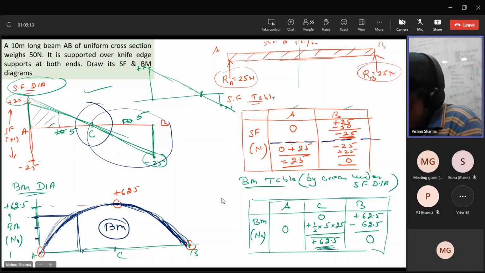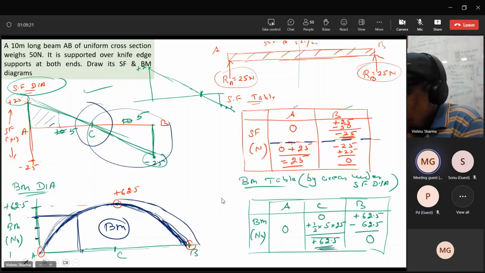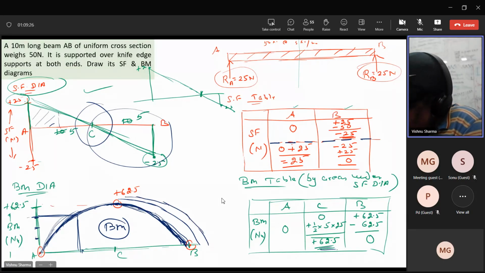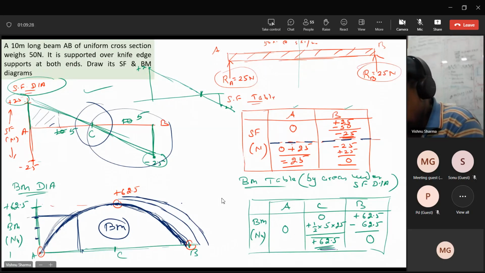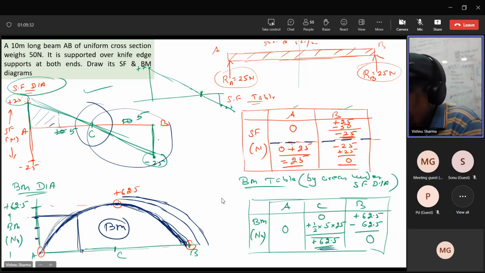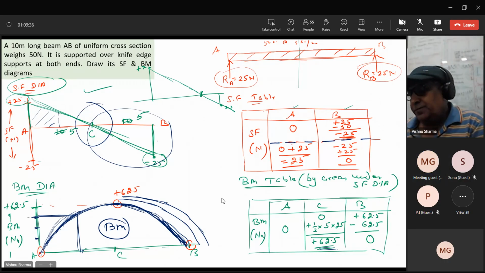Now you can correlate. If you're drawing from C, first it will be near horizontal, and then it will become steep. Yes or no? Yes, sir. Or if you're drawing from B, first it will be steep, and then it will become horizontal. Yes or no? Yes, sir. Because that depends on whether you're drawing from C to B or coming from B to C, right? Have you understood what I said, beta? Yes, sir.